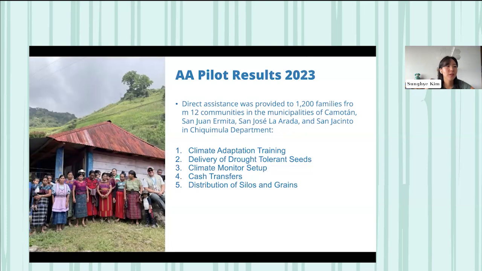In mid-2023, the trigger was activated in Chiquimula in response to a forecasted dry spell anticipated for June.